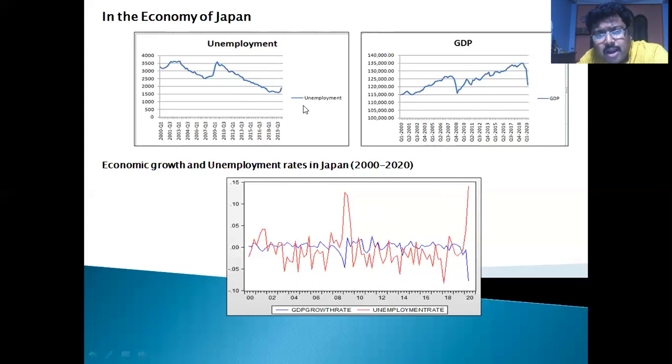And in Japan, the fall in the GDP starts from 2018. Japan is an export dependent country, and domestic consumption has been playing an important role in the Japanese economy.